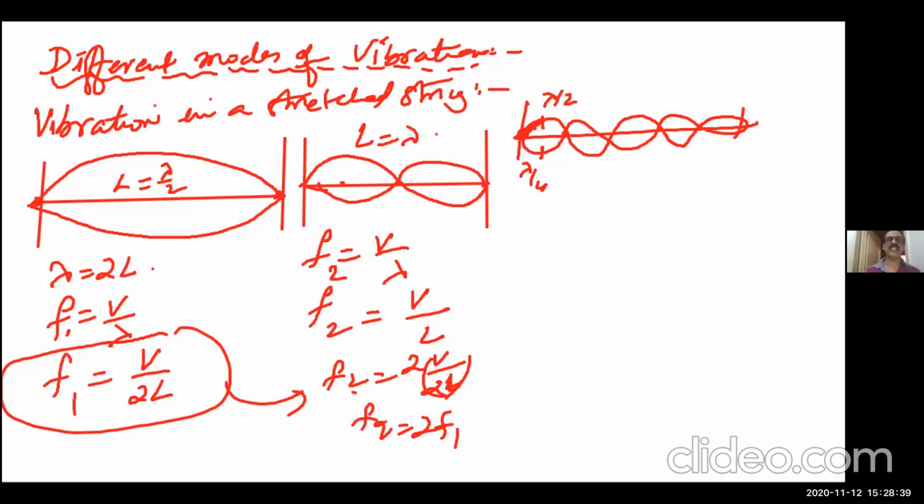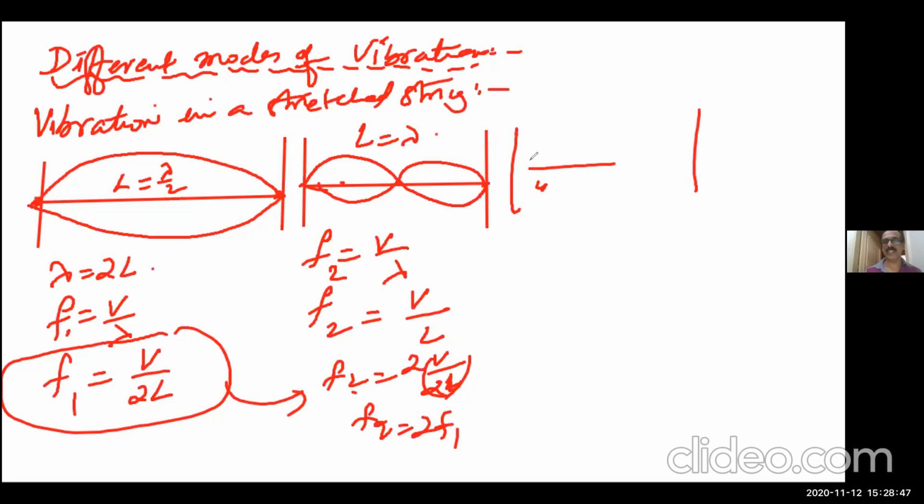Now third case. Next segment. See this much, 1, 2, 3 will form. In between no waves can form. See here, same length, but if you vibrate again, it will go to 3 segments like this. So lambda by 2, lambda by 2, lambda by 2.